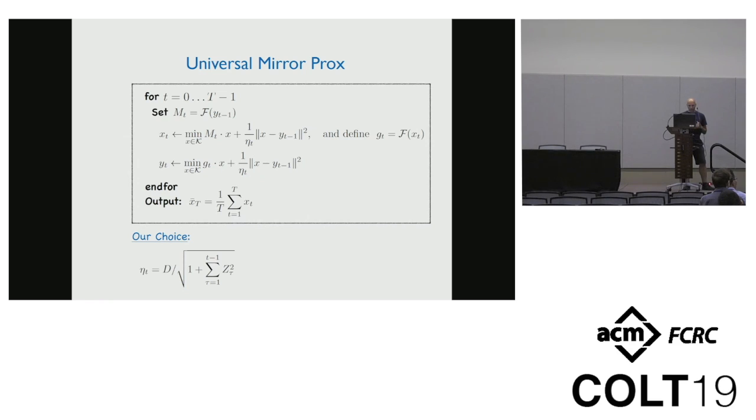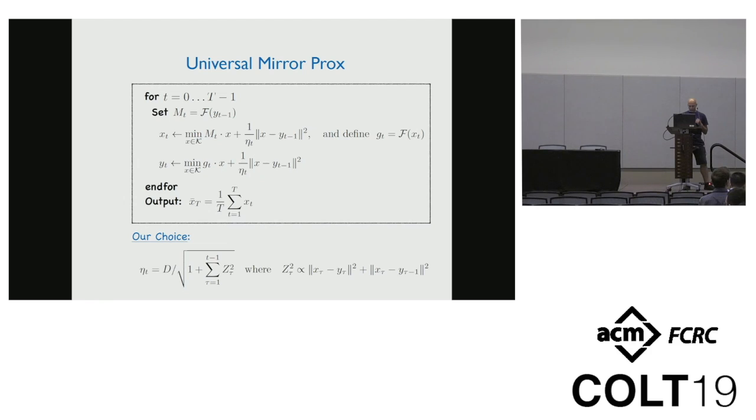What we do in our work is come up with a different learning rate, one that doesn't know these smoothness and noise properties. And this learning rate looks as follows, and it's very similar to AdaGrad, right? If the z's were the norms of the gradients, then we would have exactly AdaGrad, but actually AdaGrad will not work in this case, and I'll explain why.